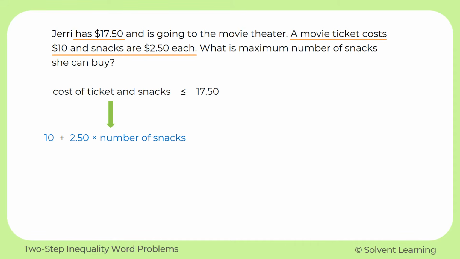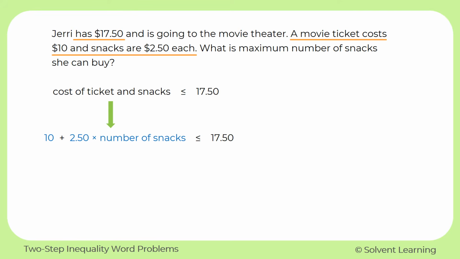We don't know how many snacks she's going to buy, so we'll just leave it as words. But the total for the ticket and the snacks has to be less than or equal to $17.50. So we already have an inequality: 10 plus 2.50 times the number of snacks is less than or equal to $17.50.